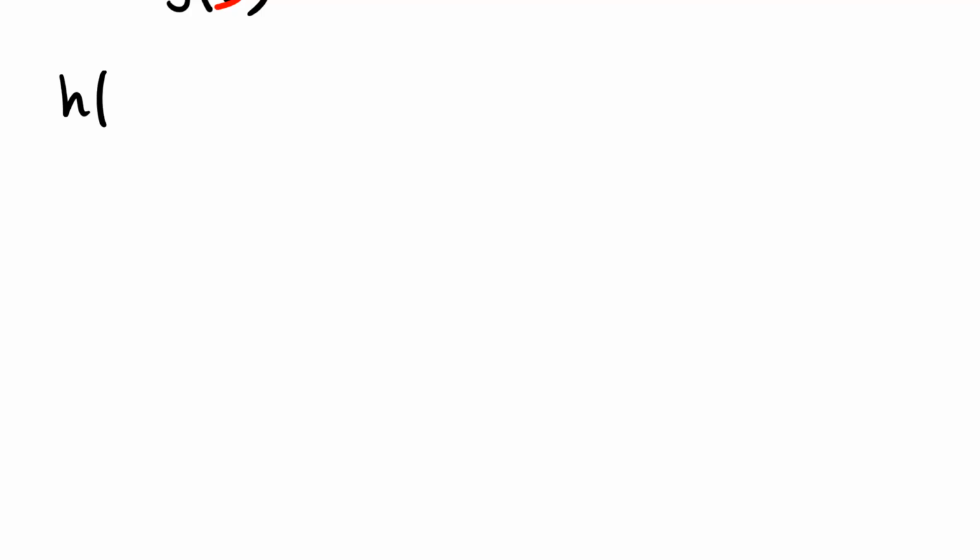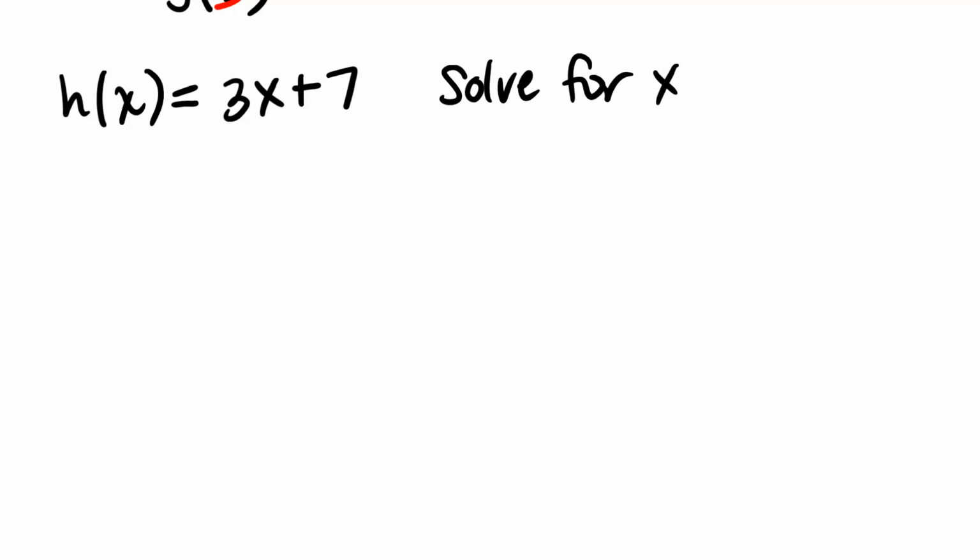If you have something like h of x is equal to 3x plus 7, and then we're asked to solve for x when h of x is equal to 0, this is working in the opposite direction. We don't have the input, it's telling us to find that, but we do know what the output is.